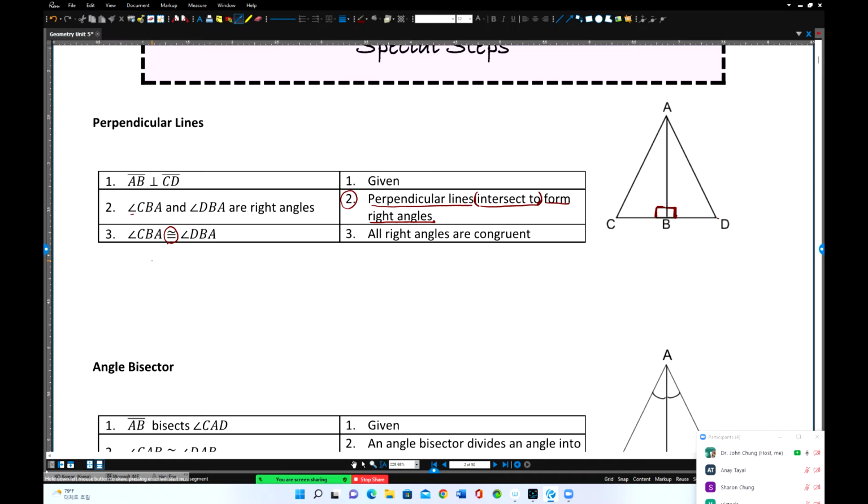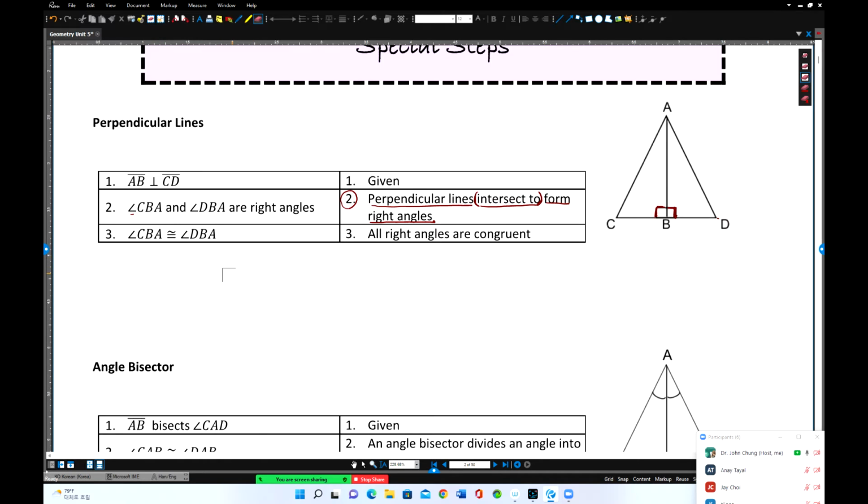When you measure this one, they are equal to 90. The measure of angle CBA is some numeric number, right? We don't say congruent for measures, we say equal. The measure of DBA equals 90 degrees. But in this case we use only congruent.